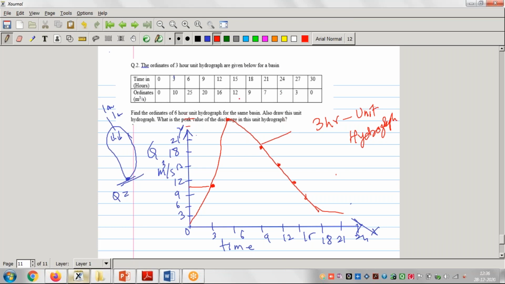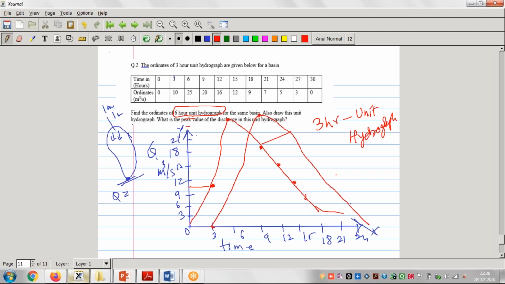Now see here, what he is asking: find the 6-hour unit hydrograph. Means if again, by lagging 3 hours, the same graph I draw after 3 hours, again I will find like this, right?